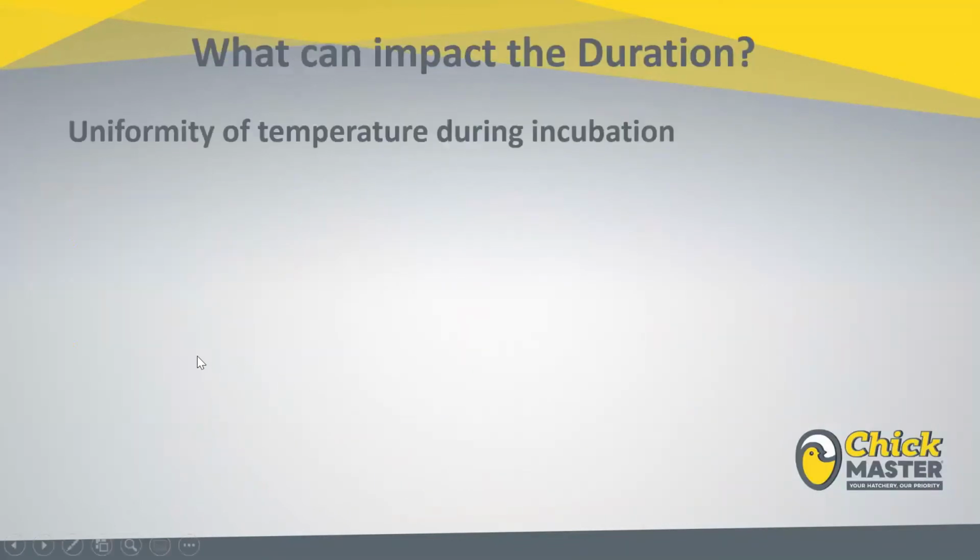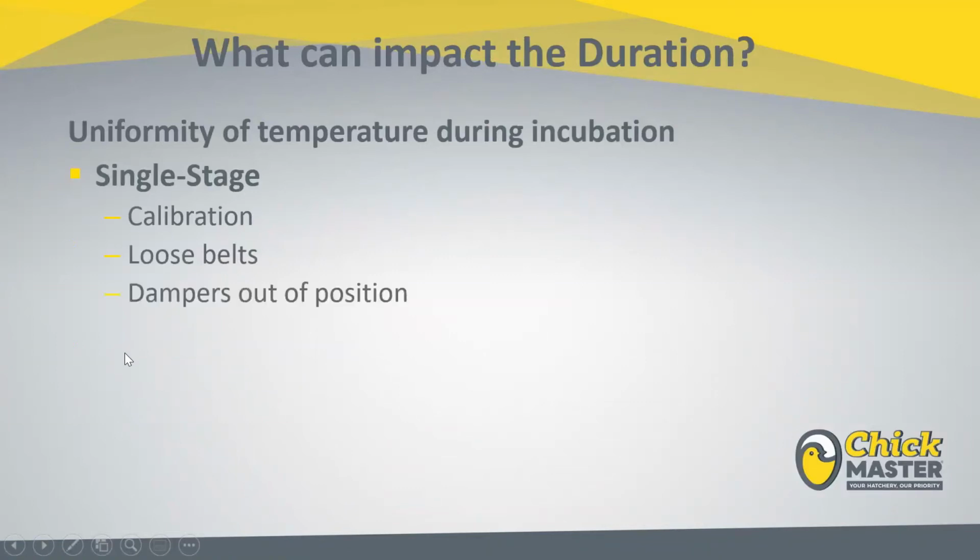So what else can impact duration? Uniformity of temperature. In single stage incubation, a lot of times we see poor calibration, loose fan belts, or dampers out of position. This is one that on the Avita single stage machines, we have a linkage rod that connects all of the fresh air intake and the exhaust dampers together.